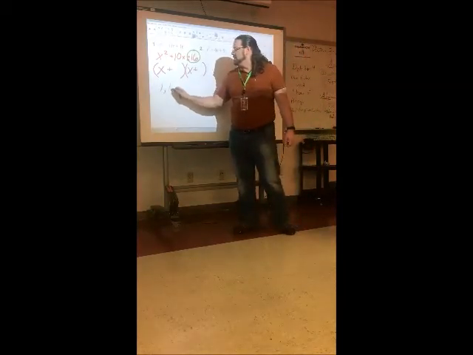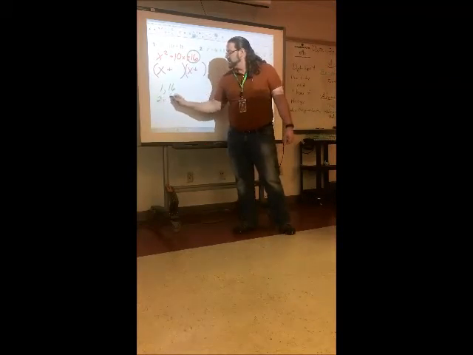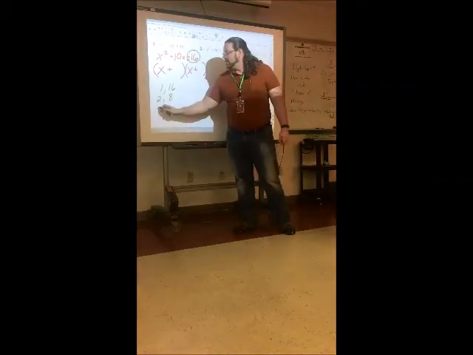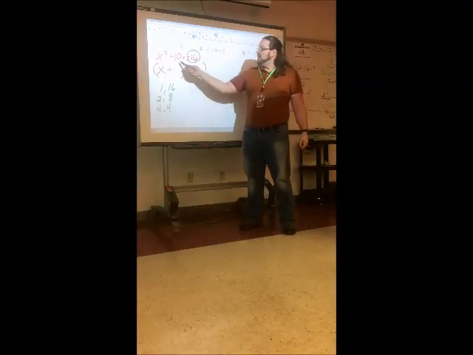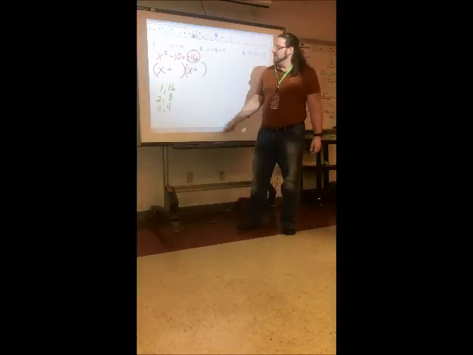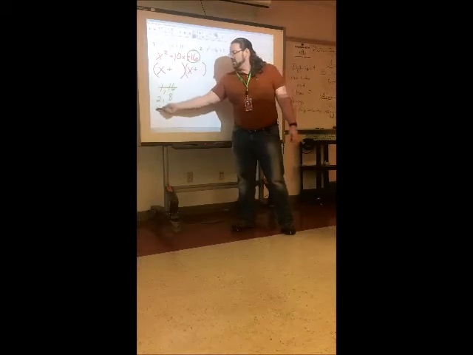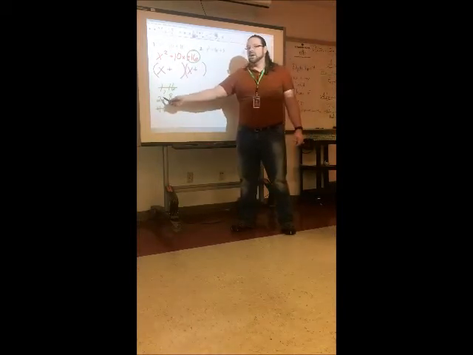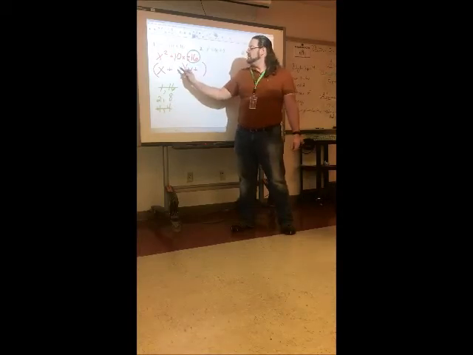I've got 1, 16. I've got 2 and 8. I've got 4 and 4. Well, we need this to be a total of 10 when we add them together. 1 plus 16, that does not equal 10. 4 plus 4 does not equal 10. So my answer has to be 2 and 8.